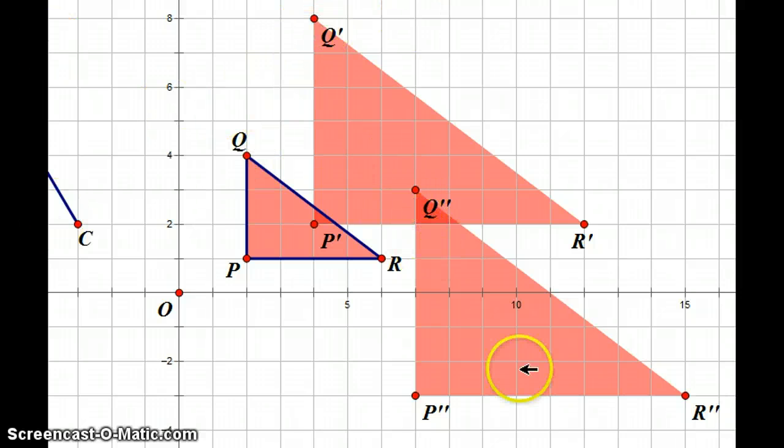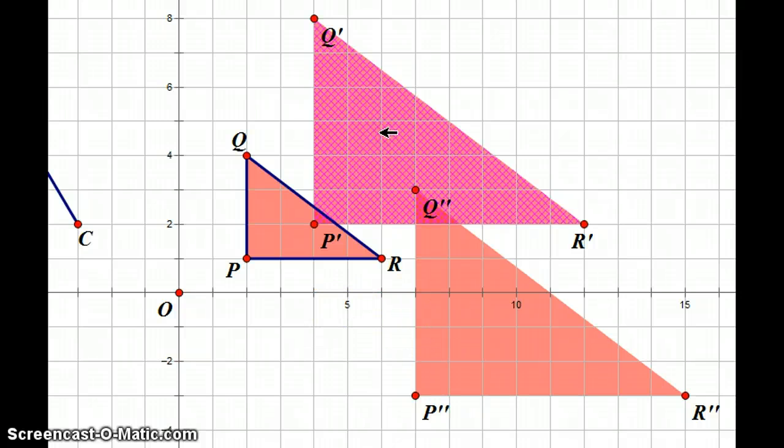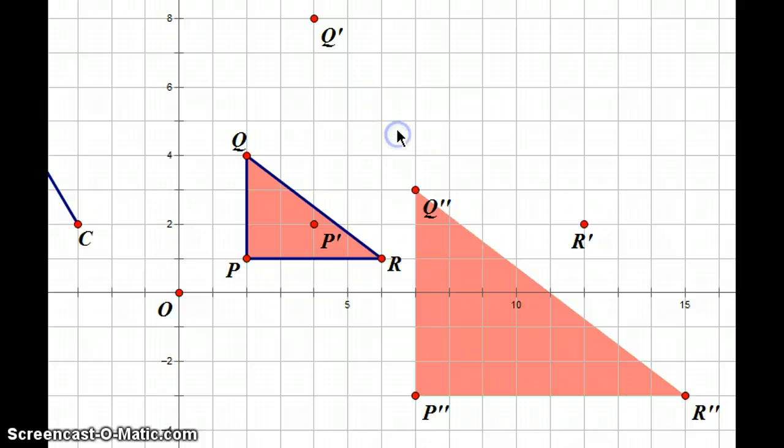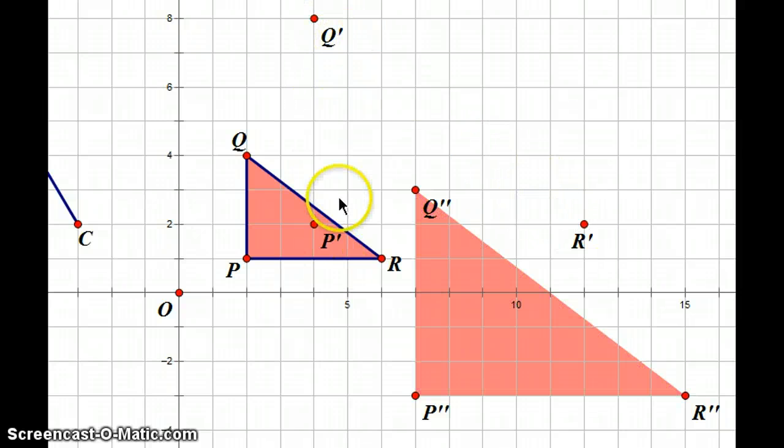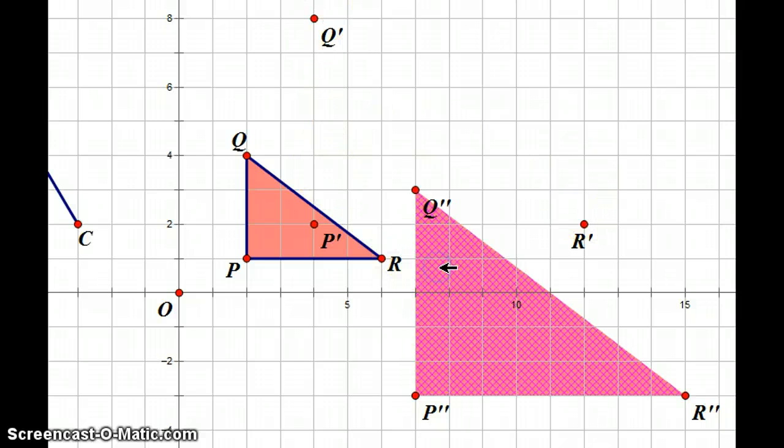So that went over 3 and down 5 and became this thing over here. So really this little intermediate thing is not terribly helpful now. That's not really the final answer to this question. The final answer to this question is this one down here. I kind of needed this, just like when we did glide reflections. There's an intermediate step you need as a stepping stone to get to the final answer, but this is the image of the entire composition. It was dilated and then it was translated.